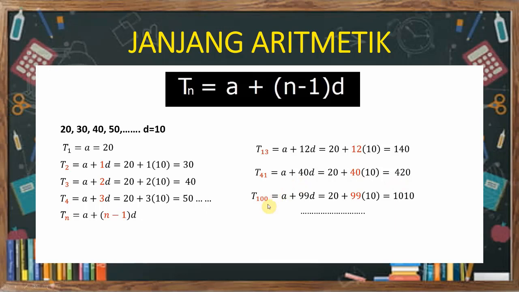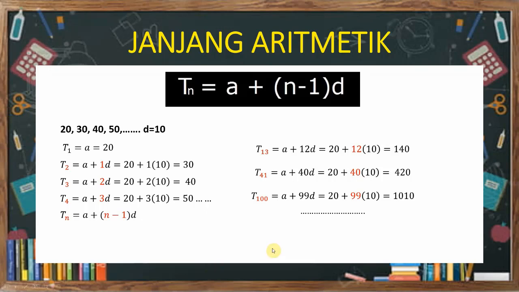If you would like to know what is the 100th term, you just need to use A plus 99D, which is 20 plus 99 times 10, and you will get 1010. So you do not need to list out all the 100 terms in order to get the 100th term.